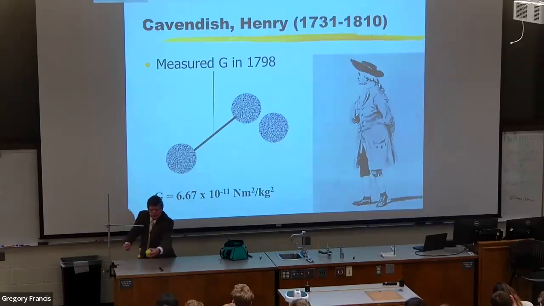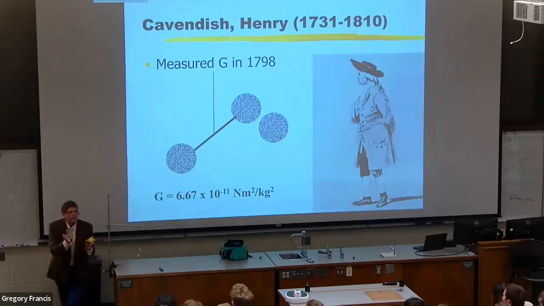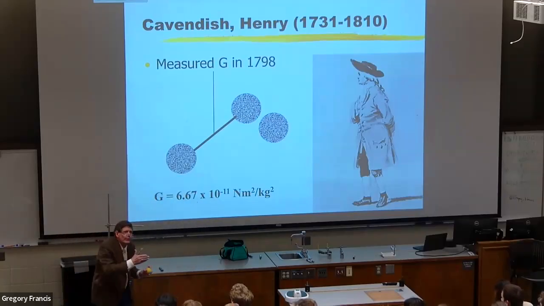And then he brought other masses up nearby, and the gravitational attraction caused this dumbbell to twist ever so slightly. Ever so slightly. But Henry had studied that wire so that he understood how much torque it was going to take to twist the wire by that small amount. And he got a value for that constant that was very, very close to the one we accept today.